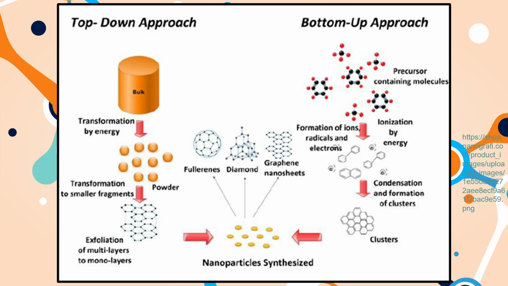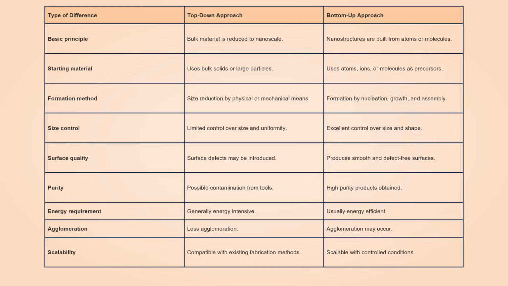As you can see in the diagram, they clearly highlight the fundamental differences. Here, the top-down approach moves from bulk to nano, whereas the bottom-up approach builds nanomaterials from the smallest building blocks.